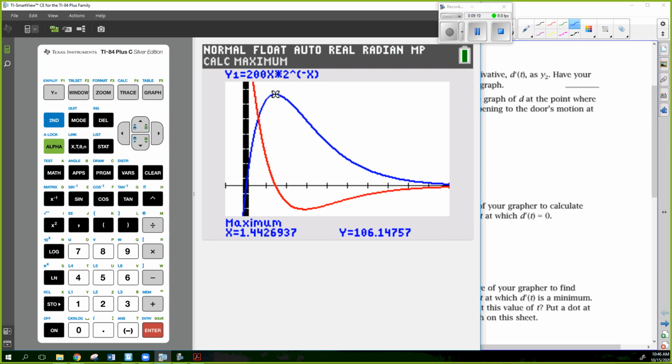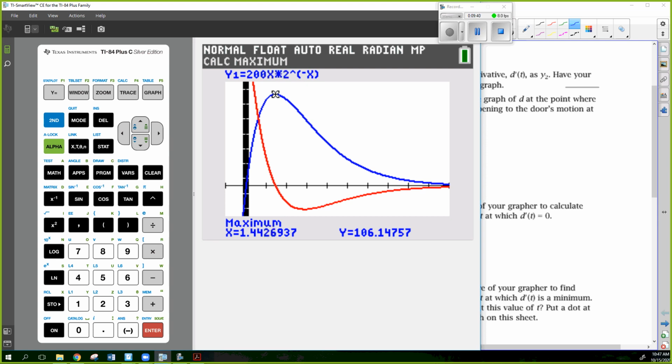You were above, okay? So the derivative was positive. What was happening on the original graph? It was increasing. So remember us making that connection? And then when I crossed through the 0 and went below the x-axis, the derivative was negative. What was happening on the original? It was decreasing.